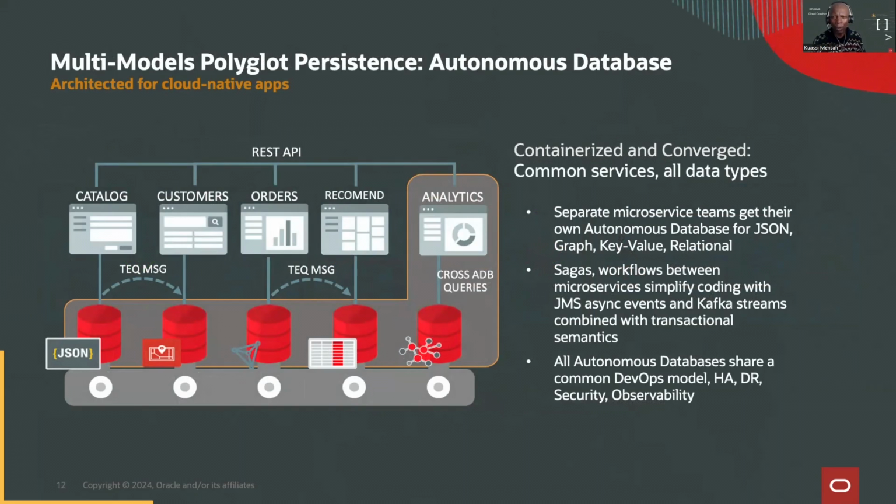We can support relational. We can support all the data models that you would need. The benefit of supporting all the data models natively with the same engine is that I can do cross-model queries. I can manage everything with a single operator. I don't need multiple operators to manage all those.